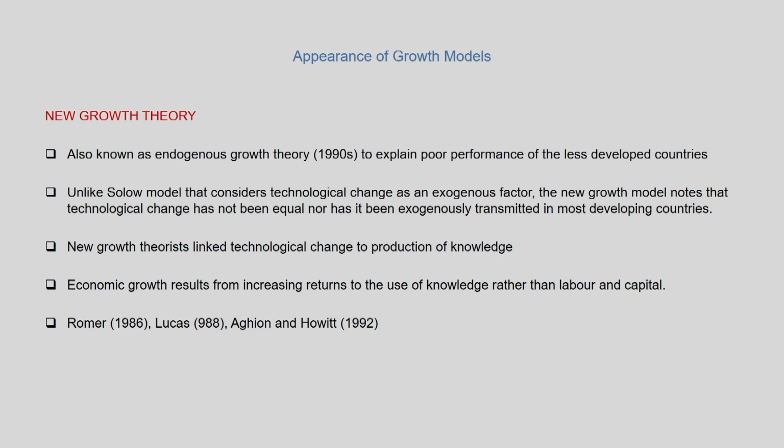Endogenous growth theories were put forth as an explanation for the poor performance of the less developed countries. Unlike the Solow model that considers technological change as an exogenous factor, the new growth model noted that technological change has not been equal, nor has it been exogenously transmitted in most of the developing countries.